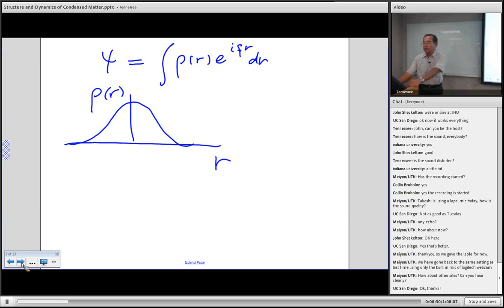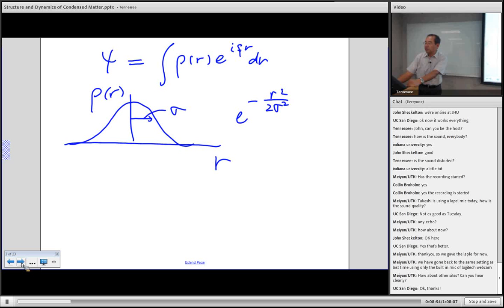There are more atoms at the center and fewer toward the ends. So the Gaussian curve is simply e^{-R²/2σ²}, where sigma is this much, right?